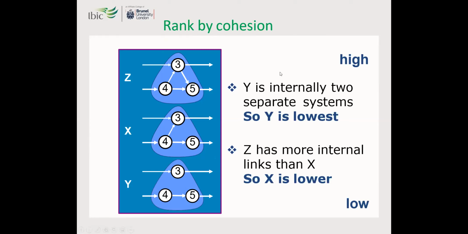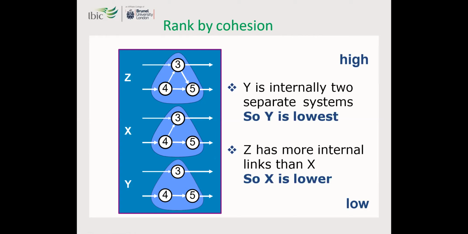The same. You can look at the next one. If you look at this, can you tell me which one is the high and which one is the low cohesion? So if you look at this, obviously you need to say something. If it's high, it's better.